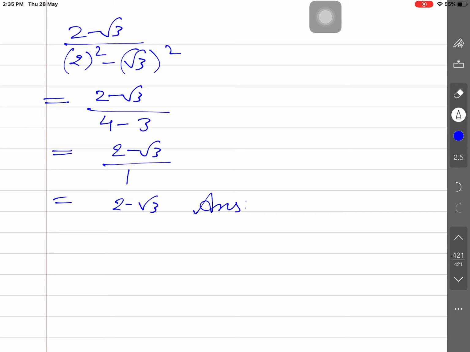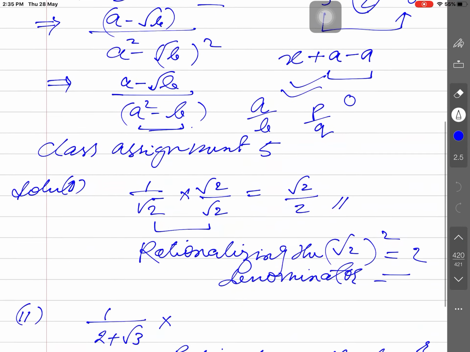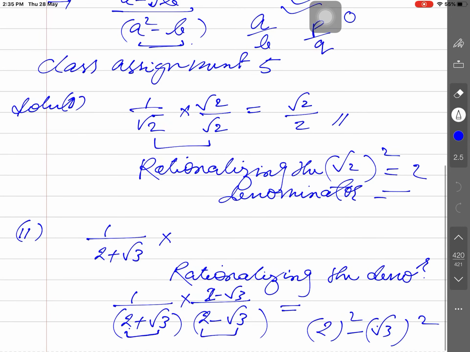Is that clear? See the activity again, what you have done exactly. Observe for 20 seconds only. Please look how we have done this.